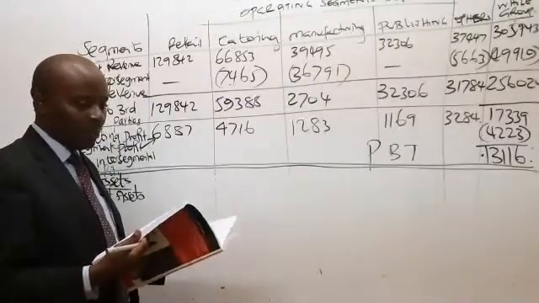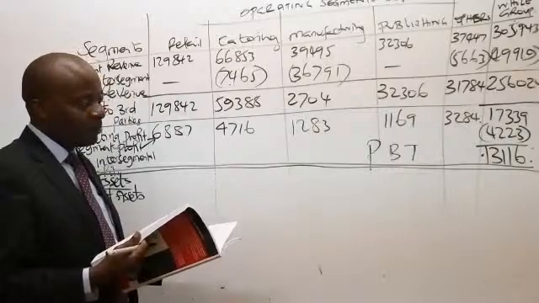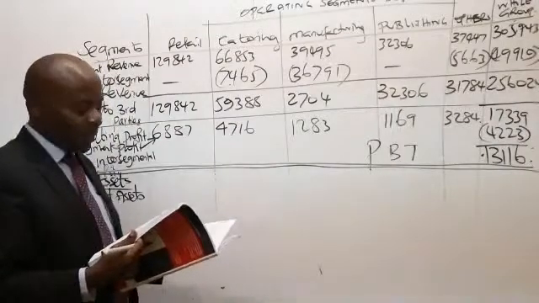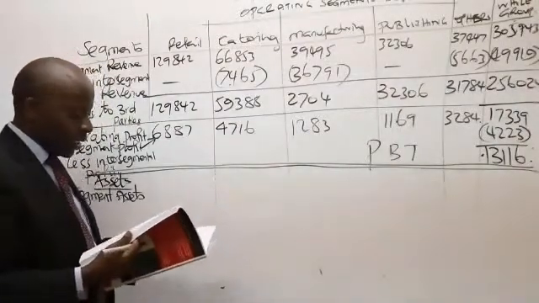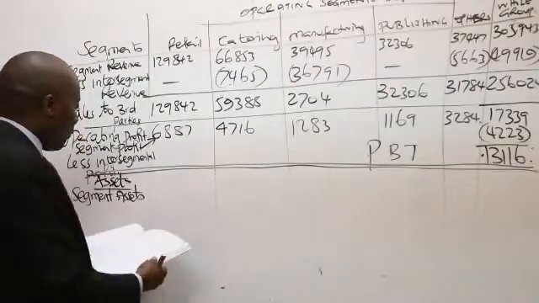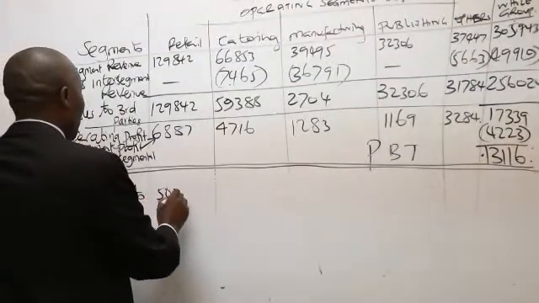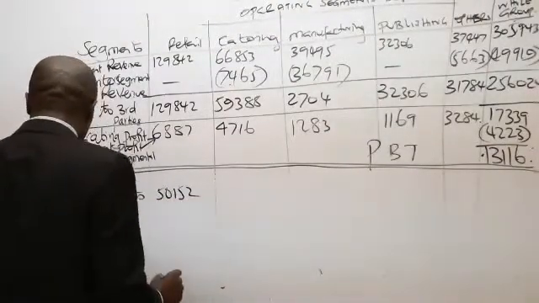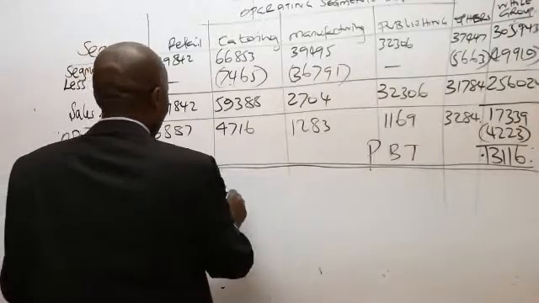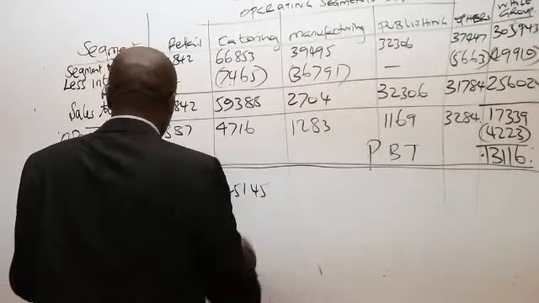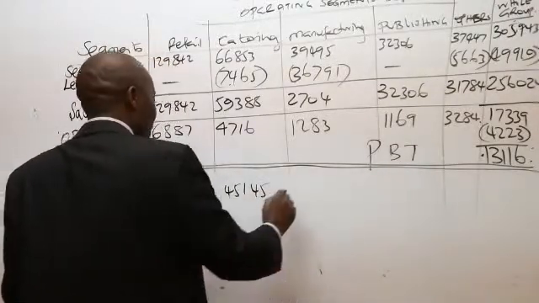In note 2C, they have given us retail 5152. Then we have 45,145. Then we have 24,620.